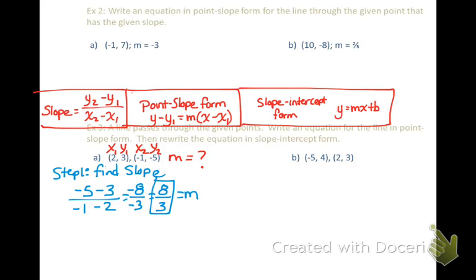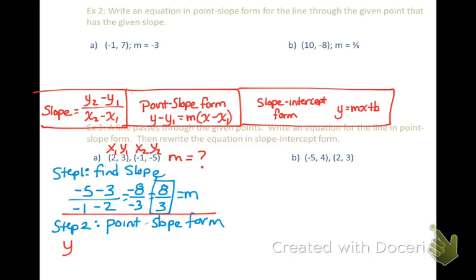All right, step 2. This is your point-slope form. You're going to fill in the blanks. That's step 1. Here's step 2.